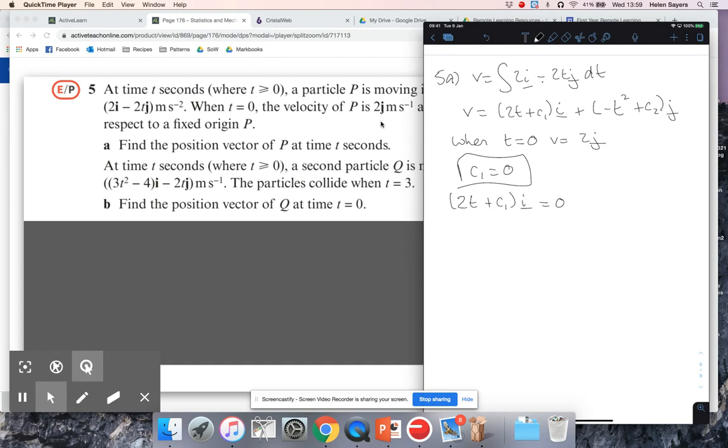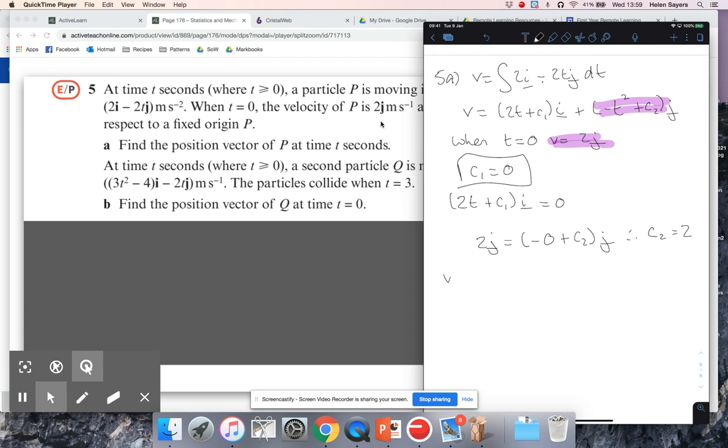If I then look at the j component, when t is 0, the j component is 2j, so that would be minus 0 plus the constant, so that constant must be 2.